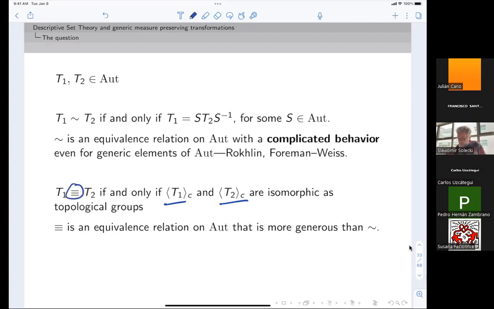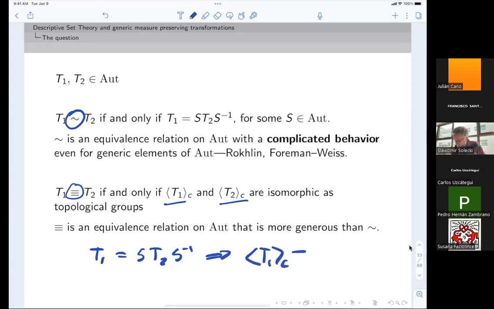It's easy to see that it's an equivalence relation. It's more generous than this one here, because if T1 equals S T2 S minus 1, then it's immediate that the closed group generated by T1 is also equal to the conjugate of the closed group generated by T2.